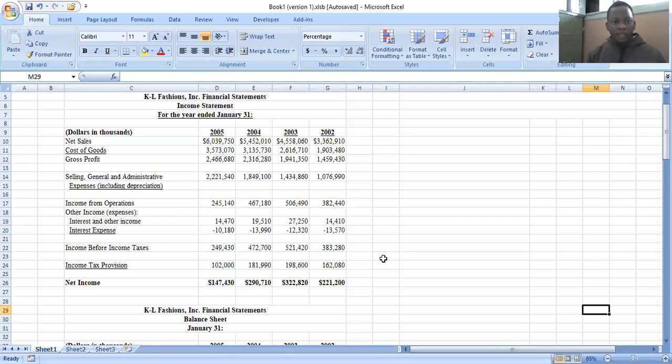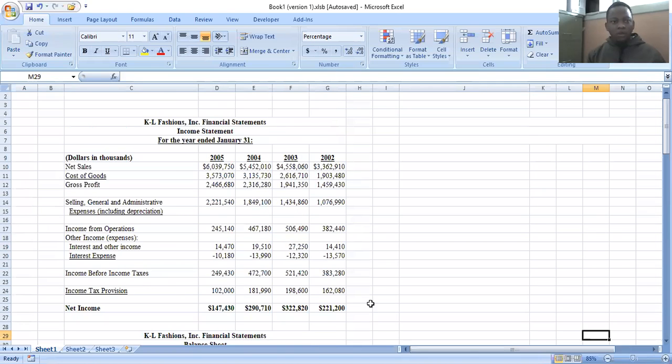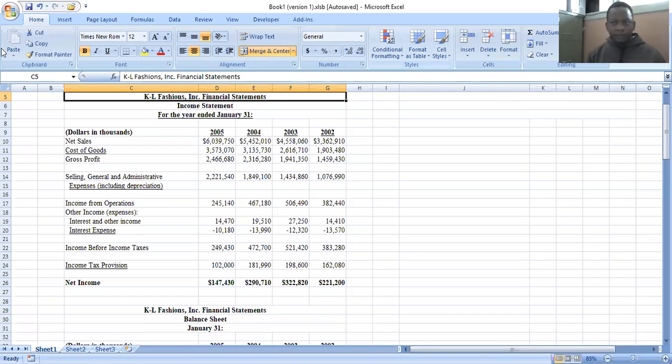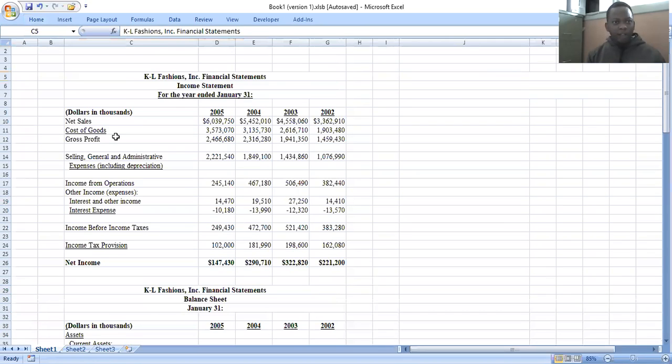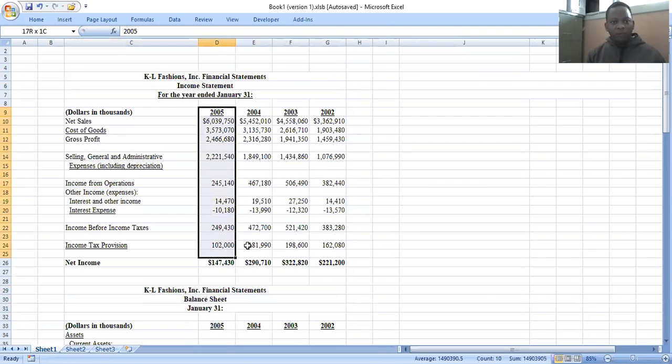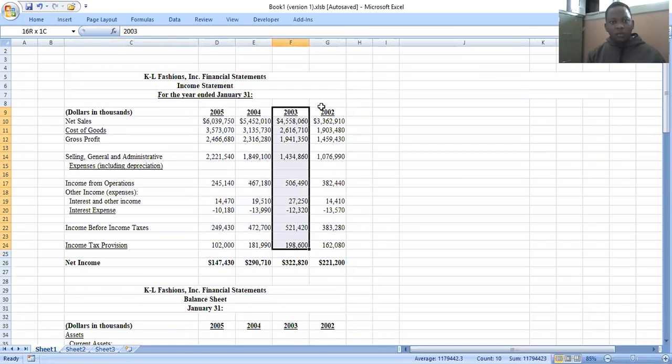So we have these financial statements. So we can prepare the common size of this statement. So we have K&L Fashions Limited. We have the income statement. We also have the balance sheet. So we have the income statement for the year 2005, 2004, 2003, and 2002.